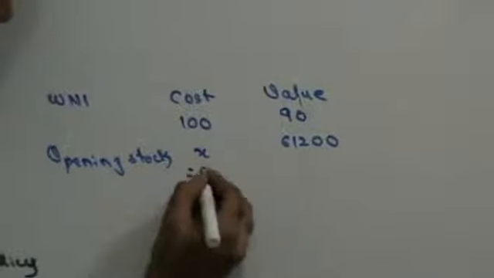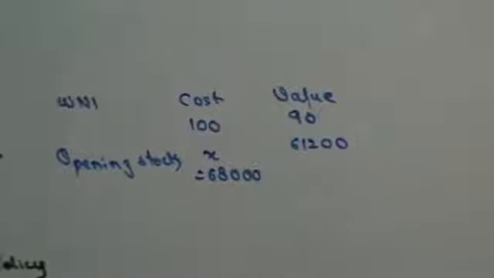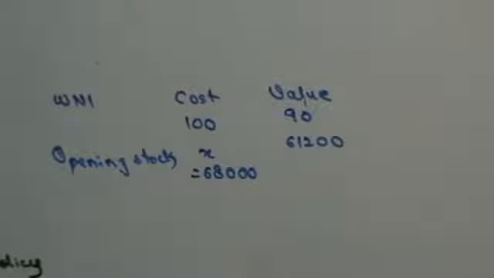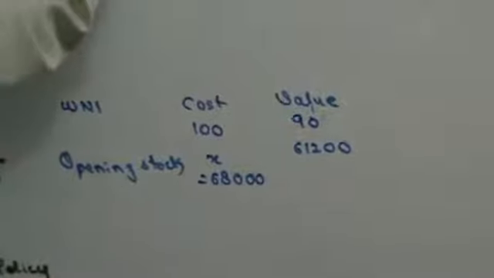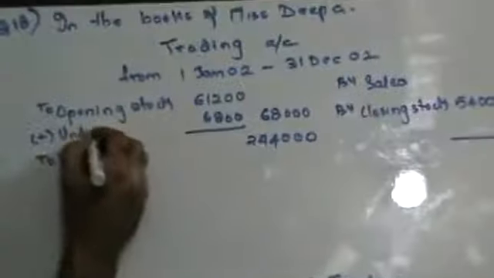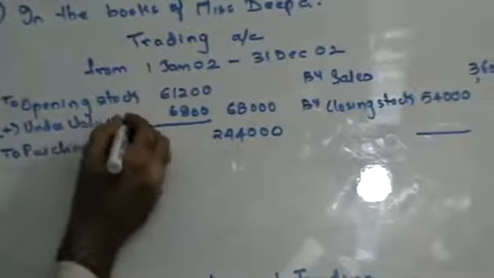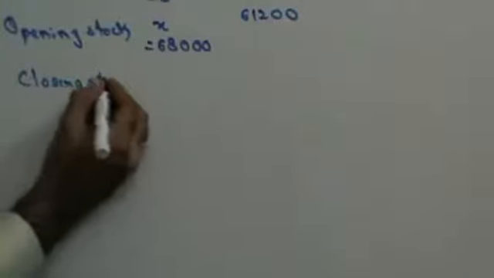In that case, what will be the actual cost of opening stock? 61,200 into 100 divided by 90 will give you 68,000. So this is 68,000, undervalued by 6,800.